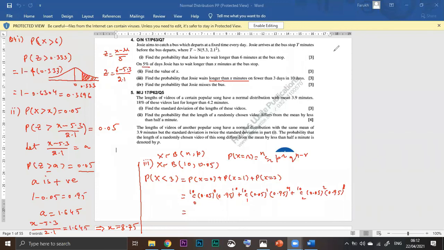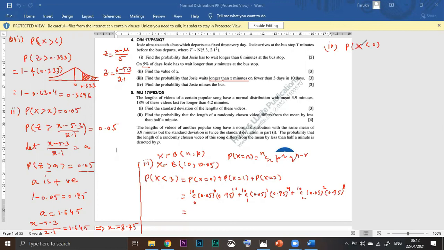Now part number 4. Find the probability that he misses the bus. If he misses the bus, this one is the time that he reaches before the arrival of the bus. It means that we want to find out the probability when x is less than 0.